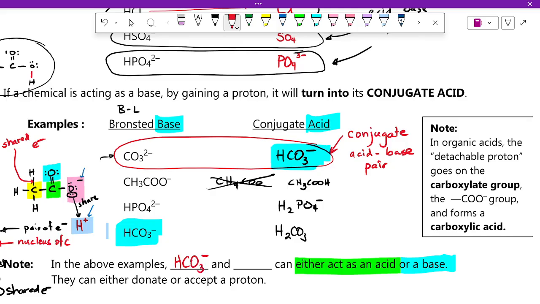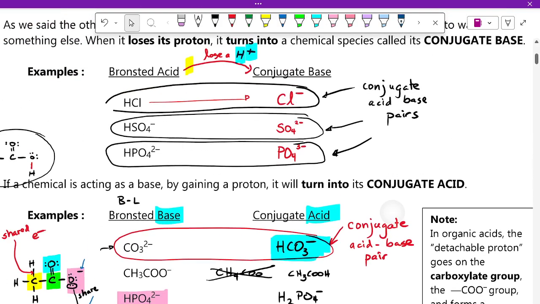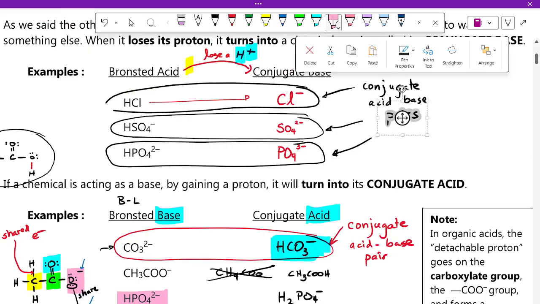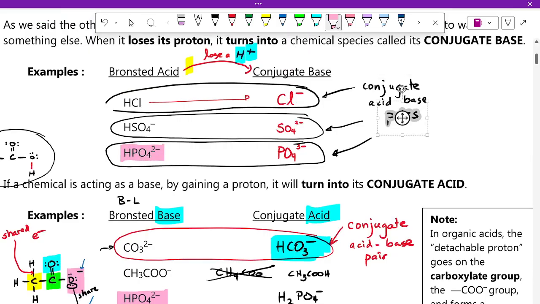Has anyone found the second one? Yes? Do you want to tell me? HPO4. Let's find that one. We've got HPO4 here in our base side, and we have HPO4 here as an acid. So yes, absolutely, not just HPO4, HPO4 2 minus.